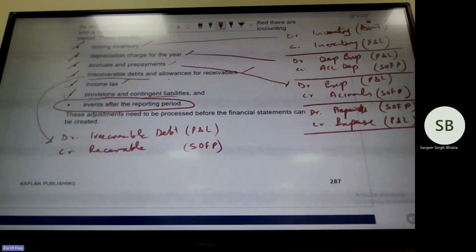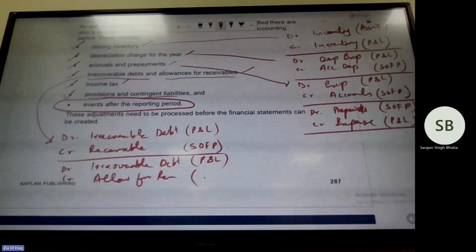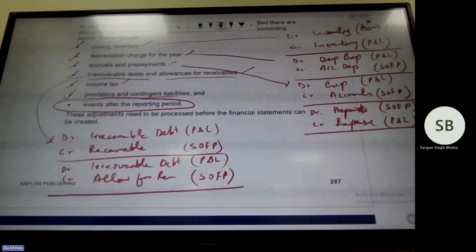And what is the entry for allowance for receivable? Debit, again, irrecoverable debt, and credit allowance for receivable. This irrecoverable debt will go as an expense in the profit and loss account. This allowance for receivable will be deducted from receivables in the statement of financial position. How? We will discuss today.